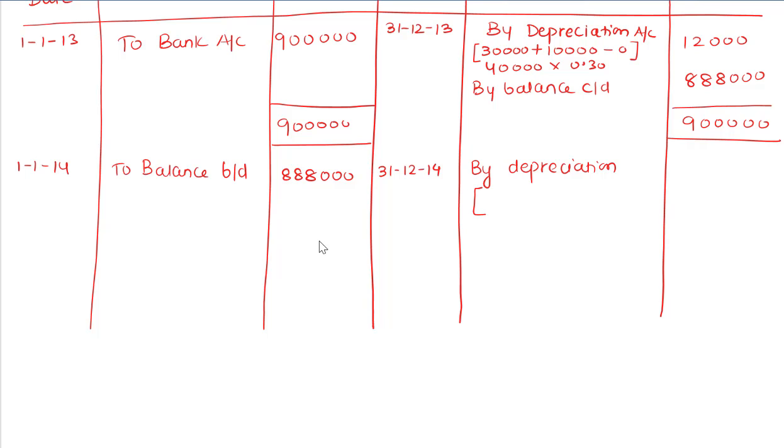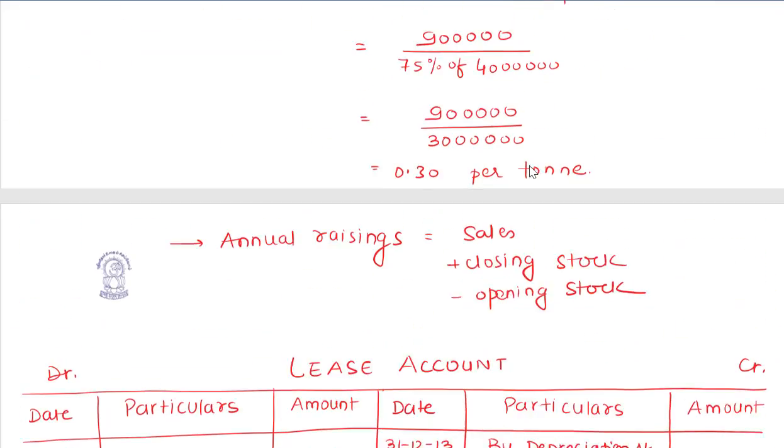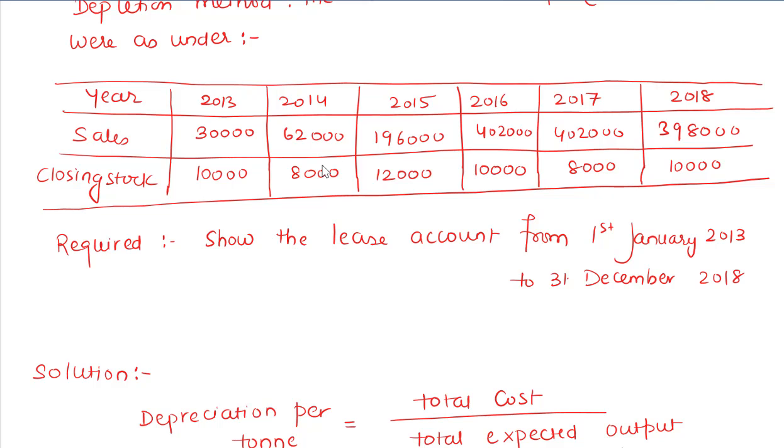How will you calculate the depreciation? Sales plus closing minus opening. Sales is 62,000 plus closing 8,000 minus opening. See it very carefully. Opening of 2014 would be closing of 2013, so 2014 opening would be this 10,000. 62,000 plus 8,000 minus 10,000, do it on your calculators.